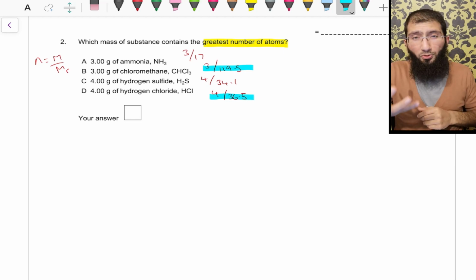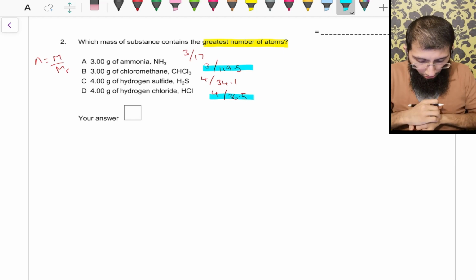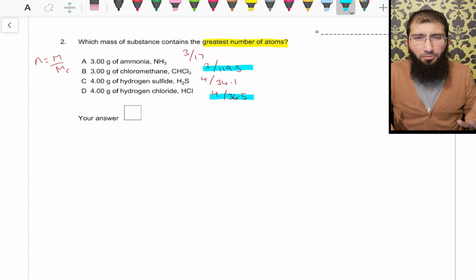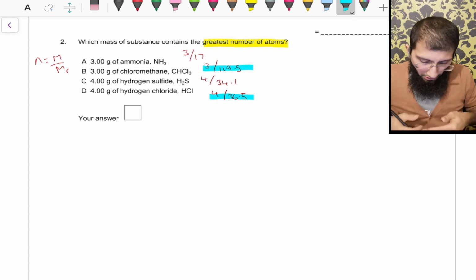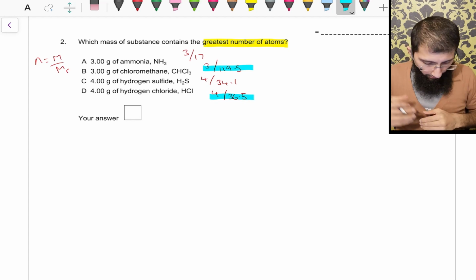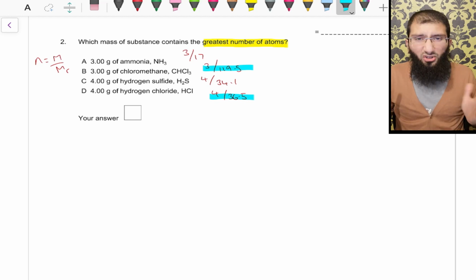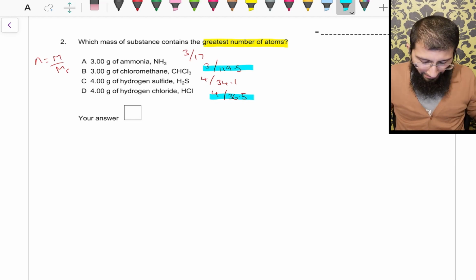So we've got 2 options, A or C. So 3 divided by 17 or 4 divided by 34.1, which one's going to be larger? Just from looking at the numerator and the denominator, I can say with a good degree of certainty that it's going to be A. A is the larger fraction.